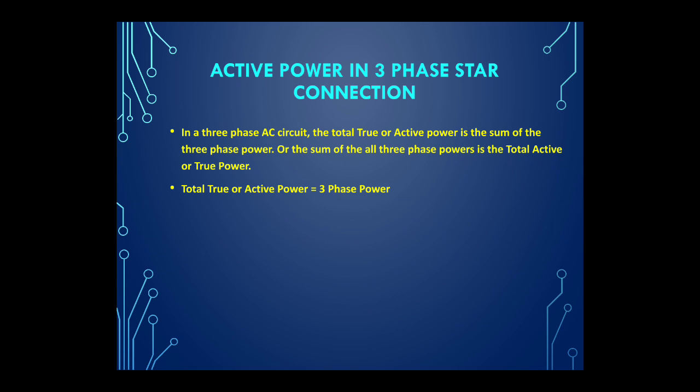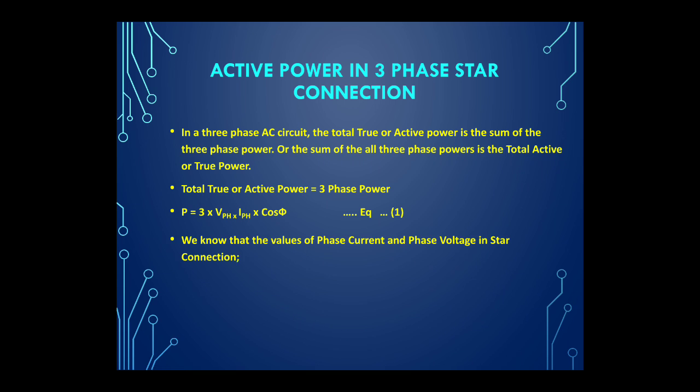So the total true or active power equals three-phase power. That means P equals 3 into phase voltage into phase current into power factor, or 3 VPH into IPH into cos phi.